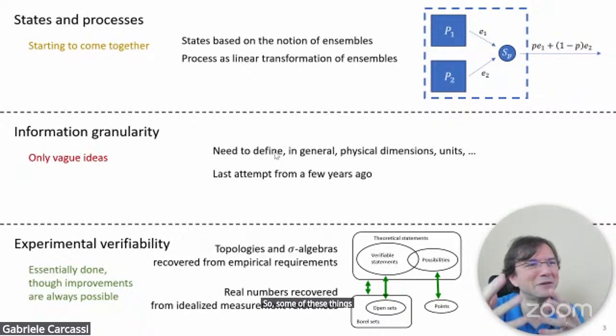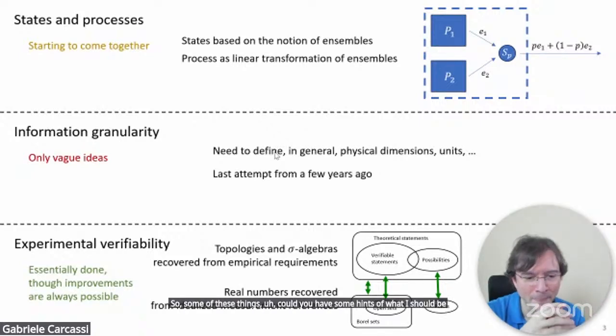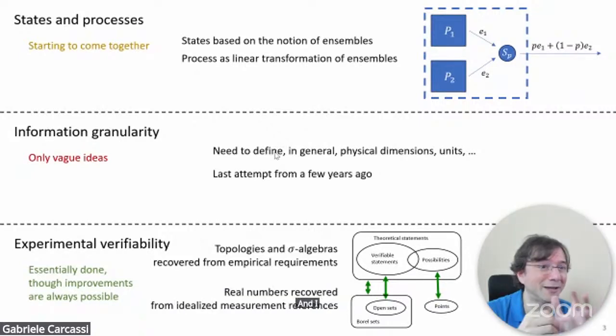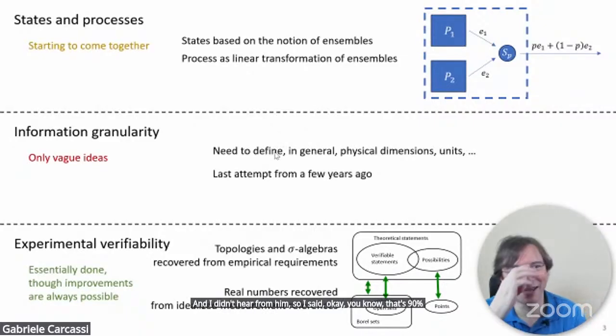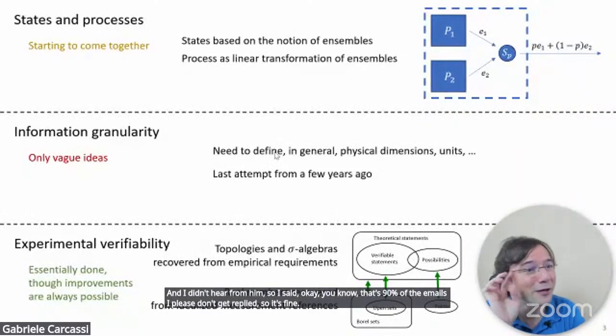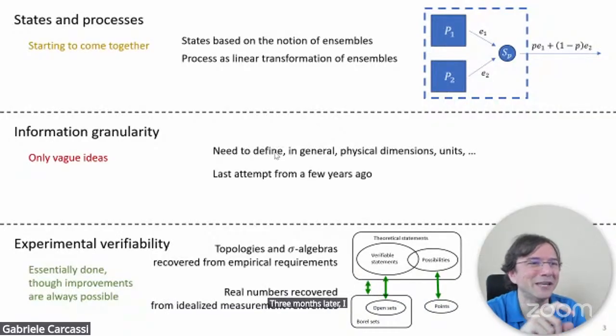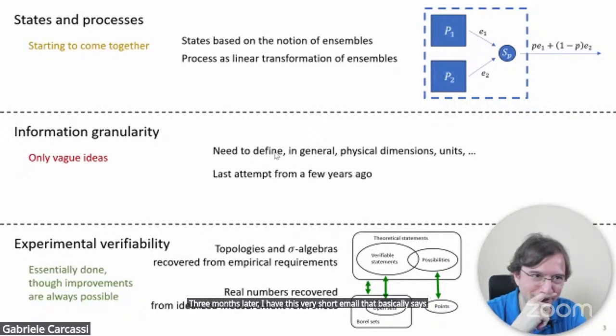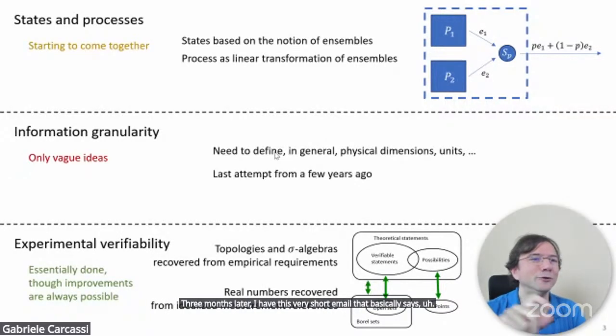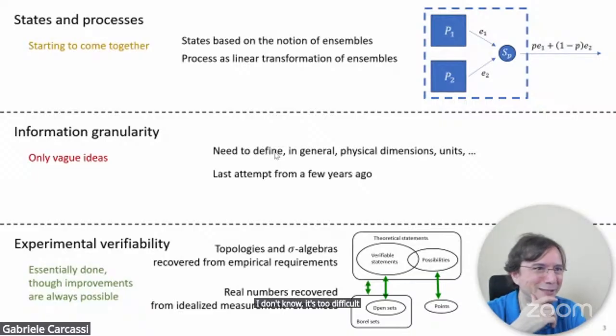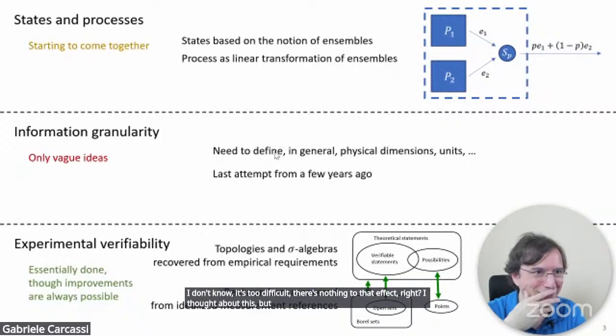Could you have some hints on what I should be doing and so on? And I didn't hear from him. So I said, okay, 90% of the emails like this don't get replies, so it's fine. 3 months later, I have this very short email that basically says, I don't know, it's too difficult or something to that effect. I thought about this, but it's a very difficult problem.